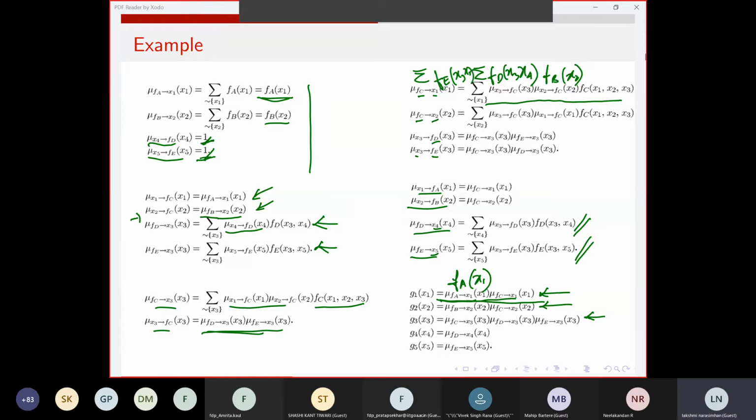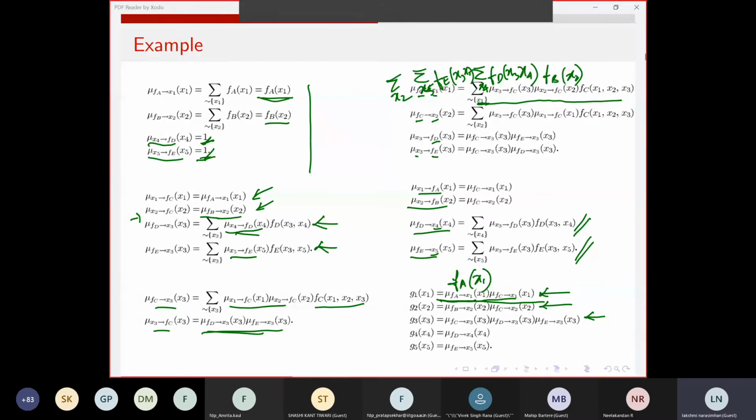And these two messages are just ones. So these are summations over all variables other than x3 here. That will be x4 in this case. So this is x5 and in this case x4. And this is summation with respect to x2, because remember, it is all variables other than x1.